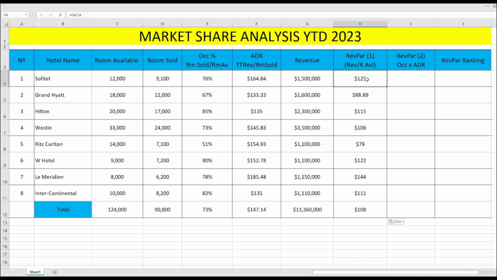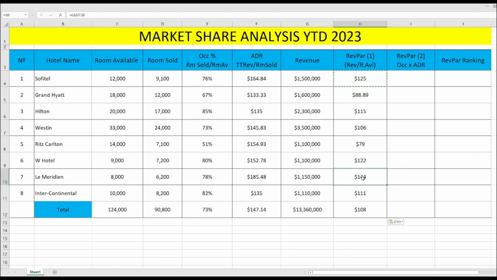Okay, so here is all the RevPAR for all the hotels. If you can see here, Ritz-Carlton, $79 RevPAR. That's the lowest one. And the highest one is Le Méridien. Le Méridien got $144.